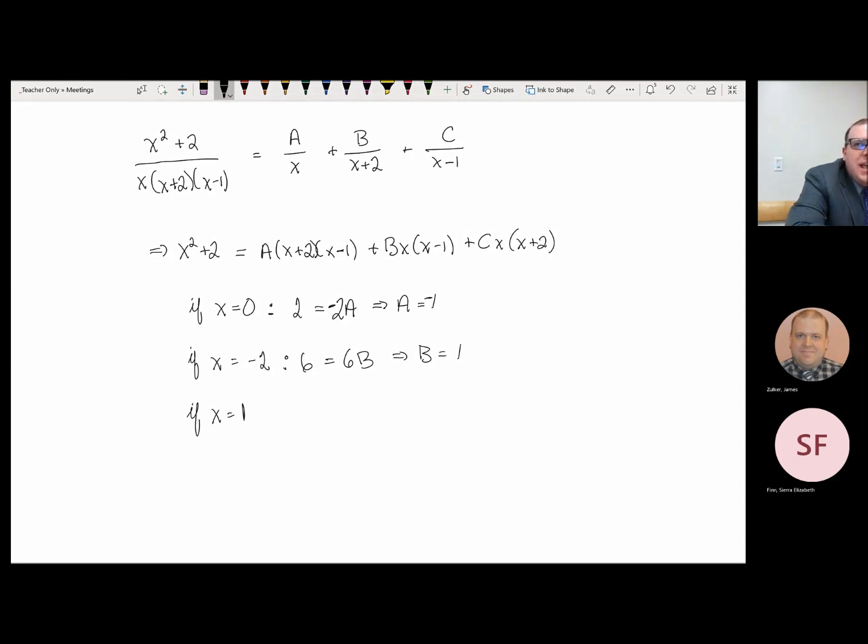Now solve for C, so let x be 1. That'll get rid of A and B. 3 has to equal 3C, which means C has to be 1.